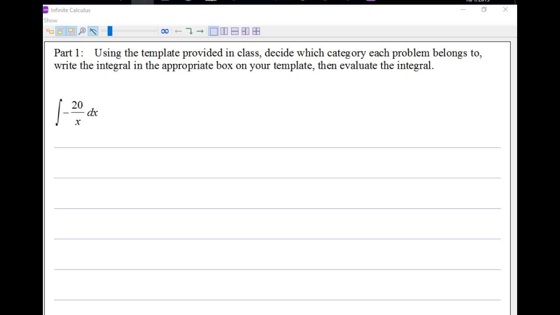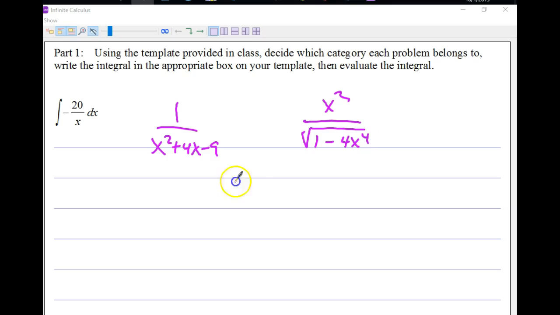Now for the rest of our worksheet. We've looked at so many problems, you guys, that we've seen stuff that looks like this. We've seen stuff that looks like this. We've just seen a lot of things. And they all look kind of the same.